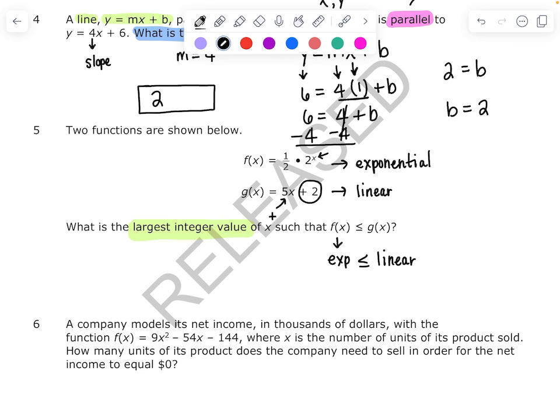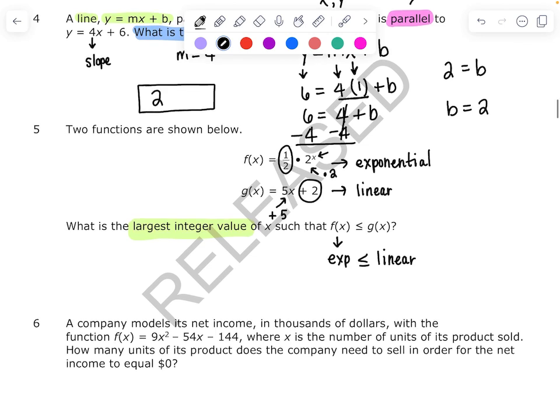So that tells me we're adding 5 each interval. In the exponential function, we are starting with 1/2, and this 2 tells me that we are multiplying by 2 each interval. And we're trying to see what's the largest integer value where the exponential function is less than or equal to the linear.